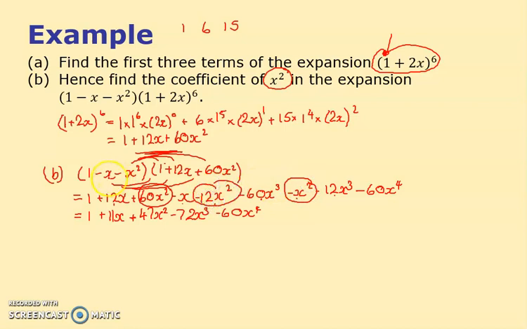Now, if you think to yourself, the 1 has got to be times 60x squared, so that's going to give me 60 of them. The minus x is going to be times the plus 12x, that will give me minus 12 of them. And the minus x squared has got to be times the 1, so that will give me minus 1 of them. So you could just straight away work out that it's going to be 47. And that's really what I want us to do. I don't want us to do all the work I just did, I just want us to go 47.